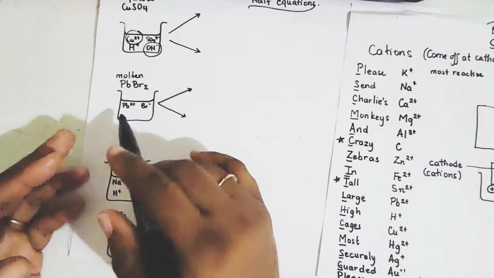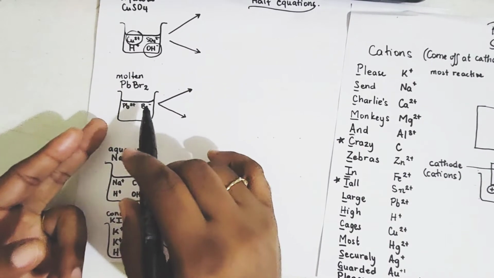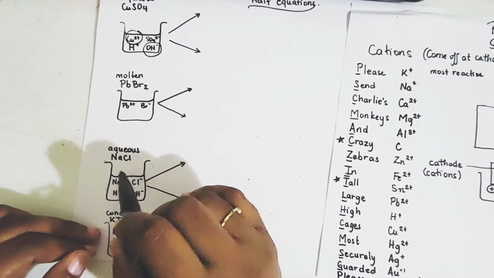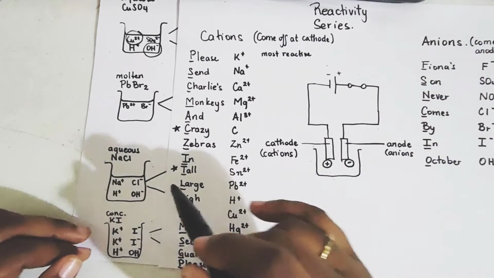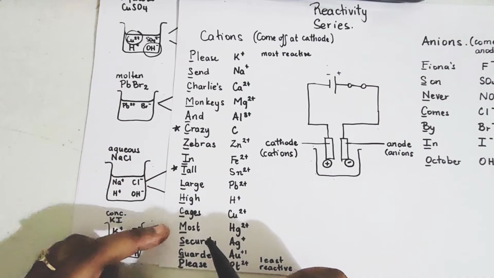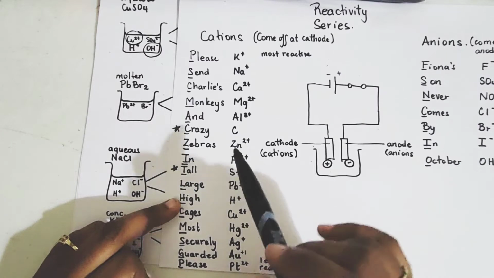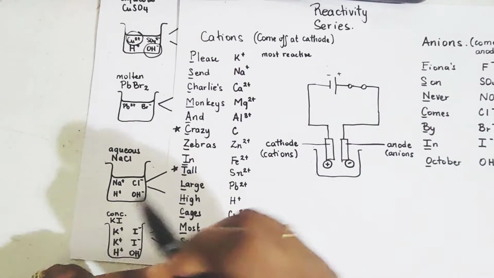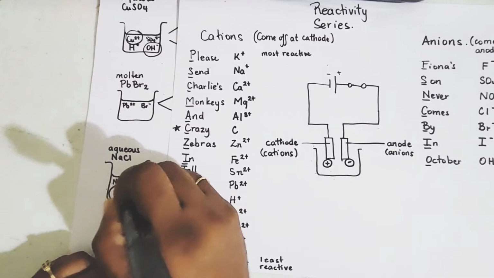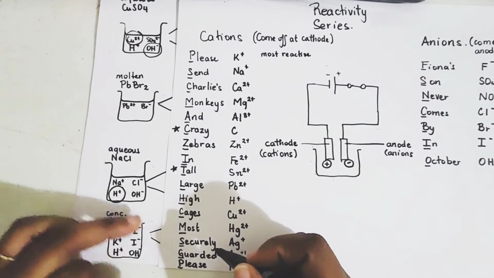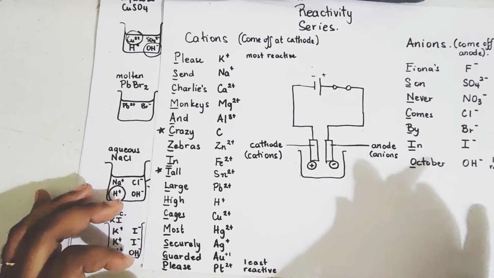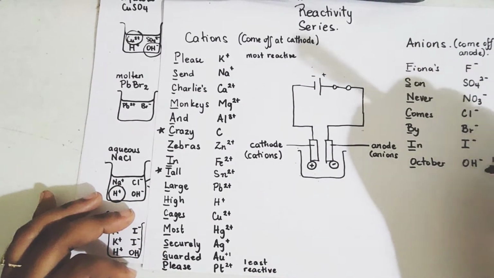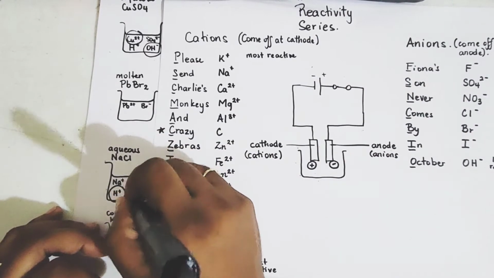So with the molten now, there is nothing to look at because that's all we have in there. So these are the only ones we care about. Again, with aqueous, we look at this series here, and we see that hydrogen is here and sodium is up here. So definitely hydrogen will come up. And then with this one, we have here chloride, and hydroxide. Chloride is up here, hydroxide down here, so we're looking at this.